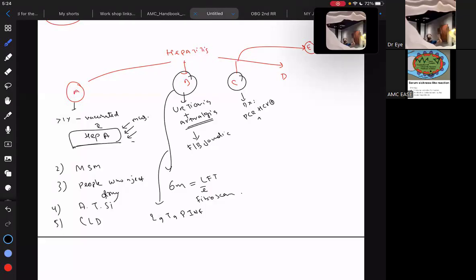If positive, plus the patient has significant viral load, plus raised ALT, we have to go for genotyping for hepatitis C virus to determine the treatment. Please remember this.